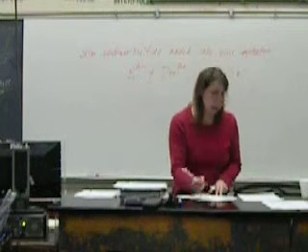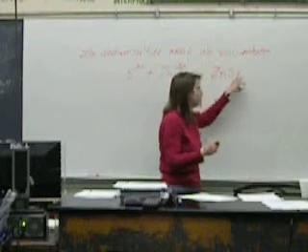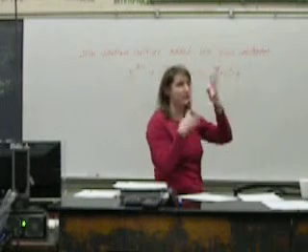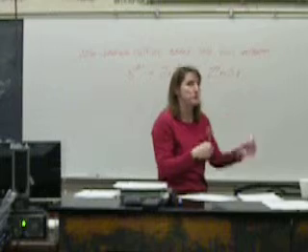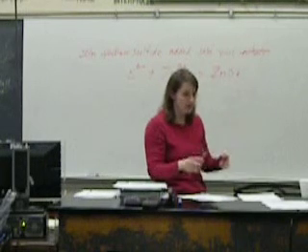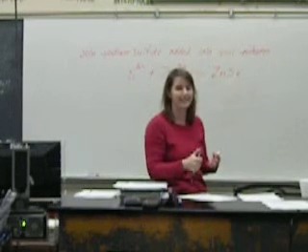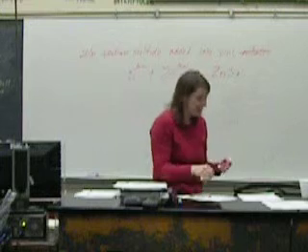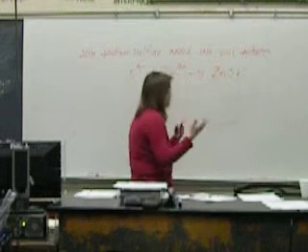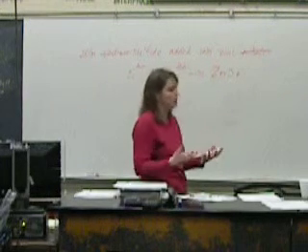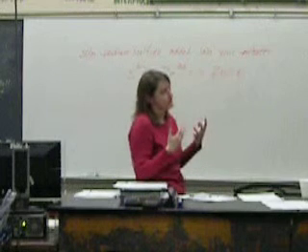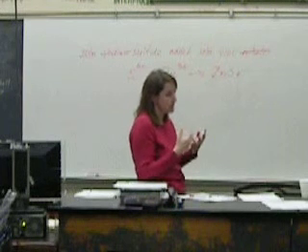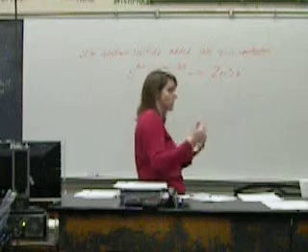Okay, and they don't really care that you put any symbology here. You don't have to put aq, g, s, l. You don't have to put up arrows, down arrows to indicate anything like that. If you're in the habit of doing that, it's not going to hurt you. But as students have learned throughout the years, you can talk yourself out of points.